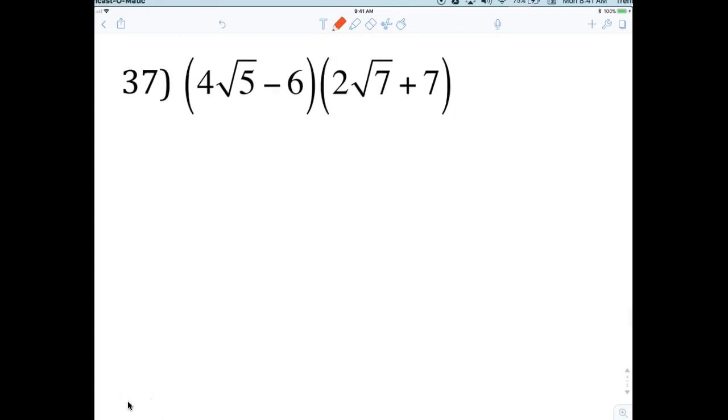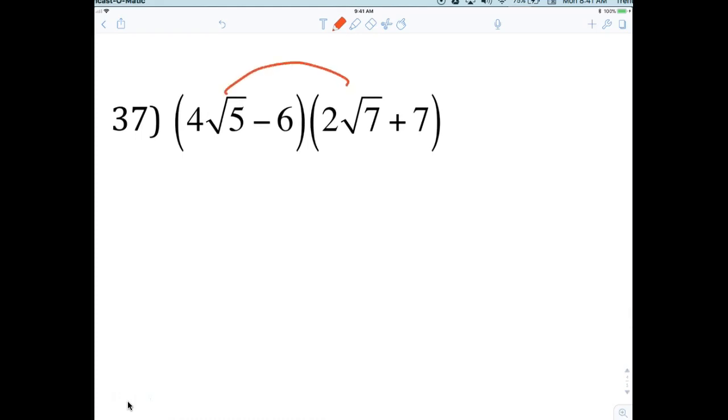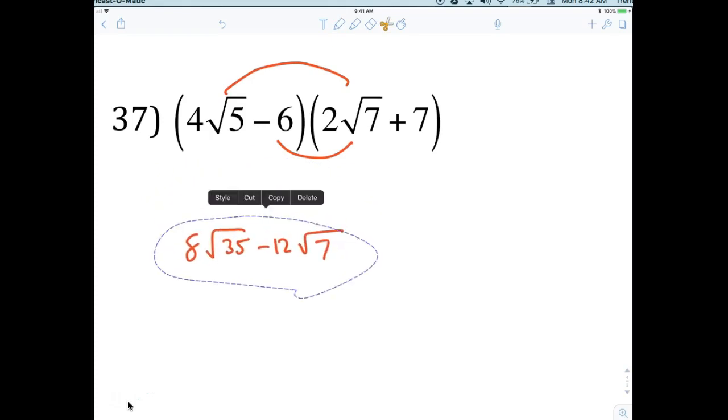All right, now you got to be a little careful. I tried to throw something a little bit harder here. But it's really not. It's actually easier, because terms don't really combine. So this would be 8 radical 35. Very good. Now your smiley face, what would this be? Negative 12 radical 7. So far, so good, guys?